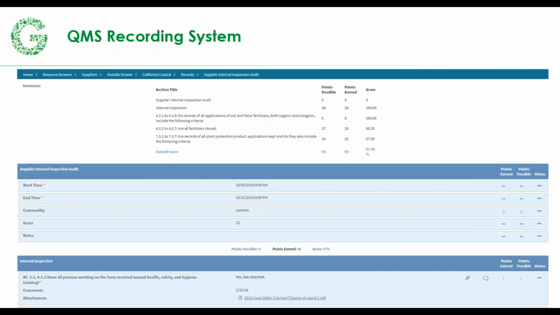So some of the requirements that GLOBALG.A.P. wants to see on here that we've included are the total percentage of your minor musts, pardon me, and major musts, your start and end time, commodity, the acres, any additional notes. We also list out each question by their number, and we'll answer yes, no, not applicable, and attach any documentation that relates to that question.